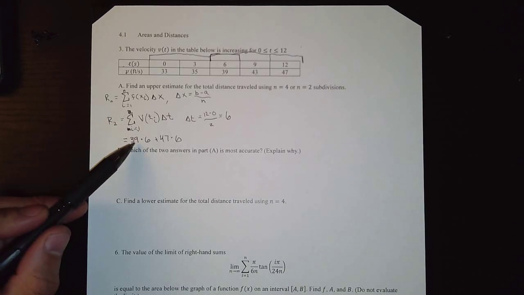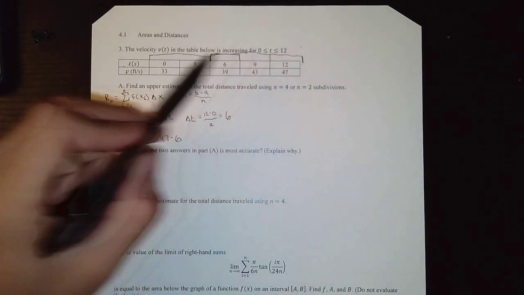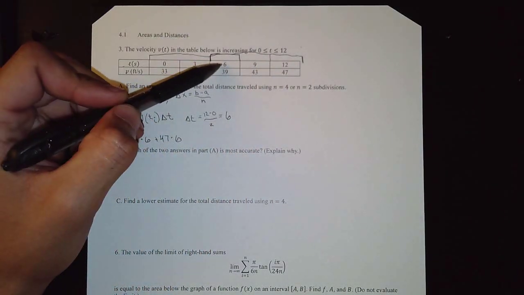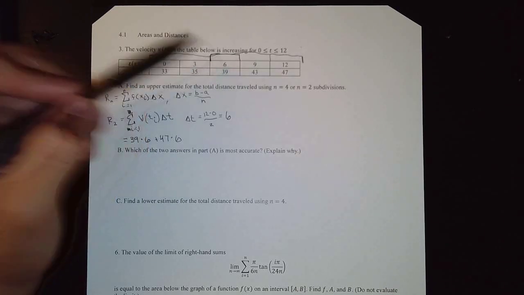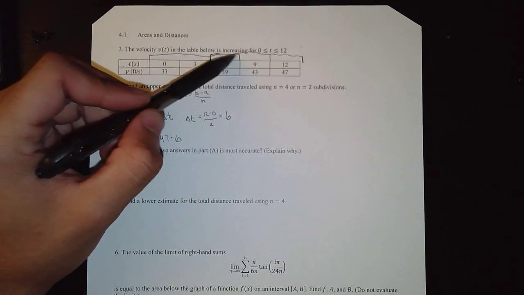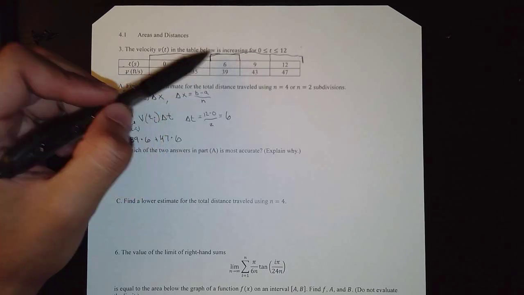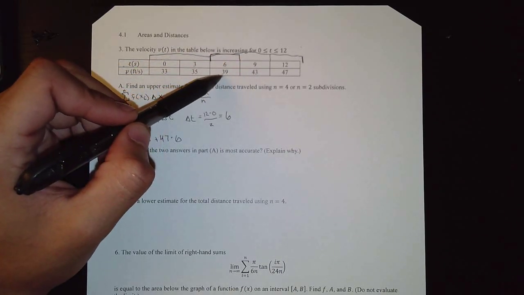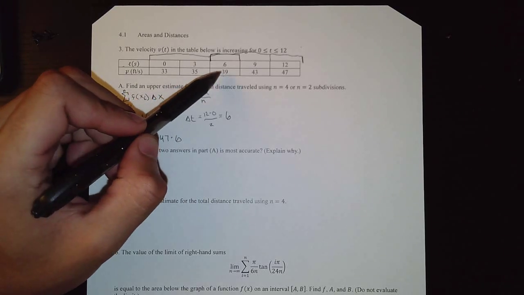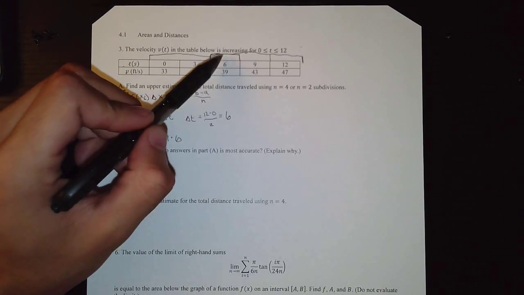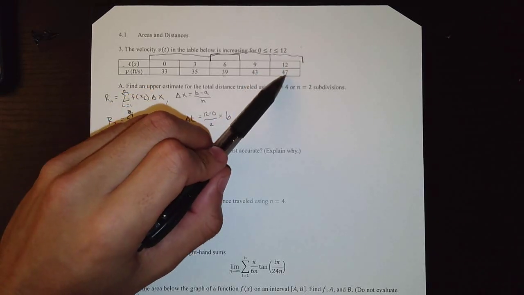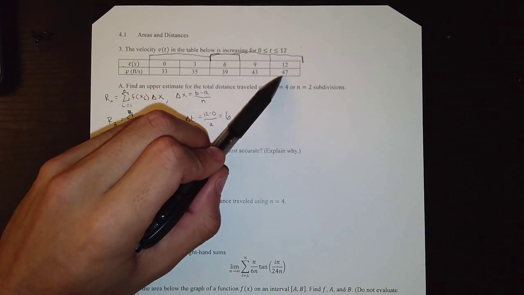So this was v of t sub 1. We broke up our interval into 6s. When we took 12 and divided it by 2, that means we cut the interval at 6. So the upper estimate for the first one is this 6, which yields an output of 39. And from 6 to 12 is still 6, but since we're taking an upper estimate, we multiply it by this 47.